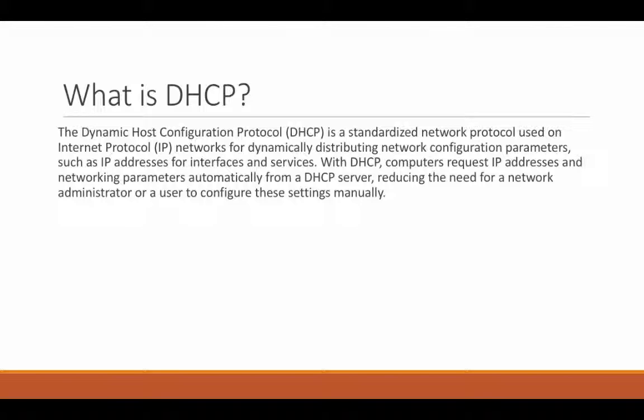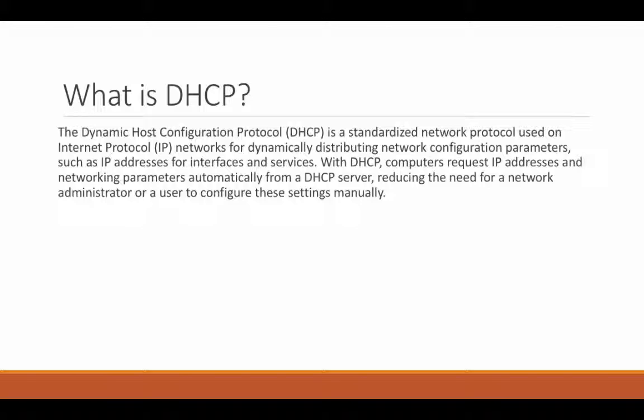On receiving the request, the server may respond with specific information for each client, as previously configured by the administrator, or with a specific address and any other information valid for the entire network and for the time period for which the allocation, or the lease as it's called, is valid.